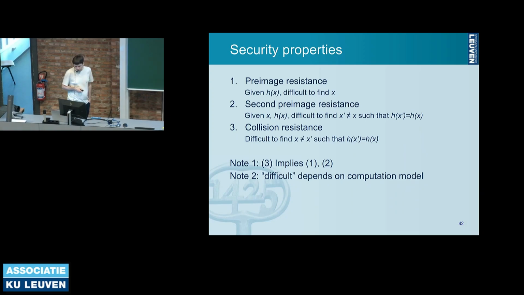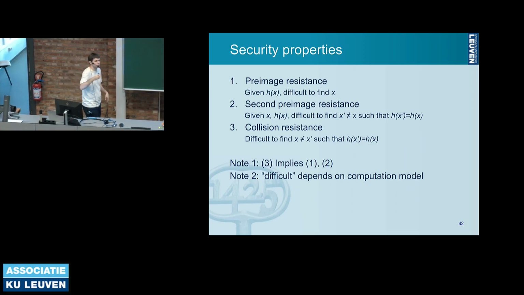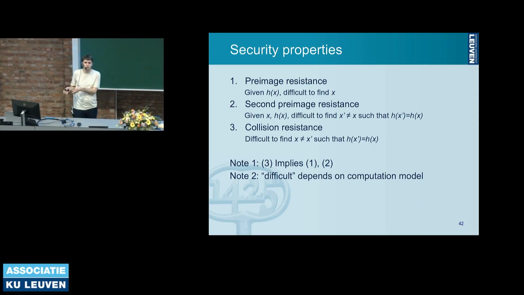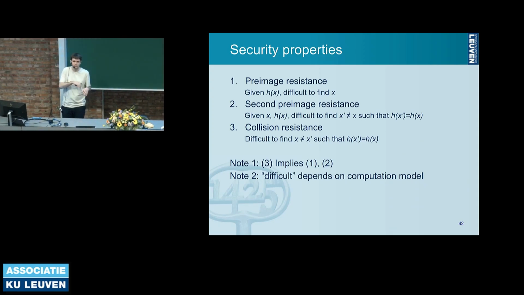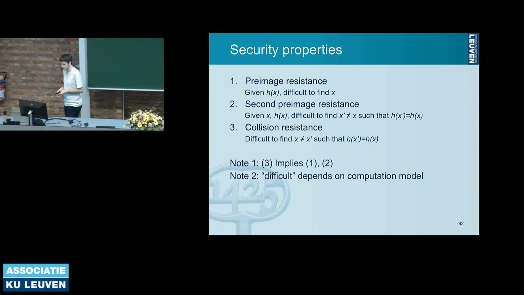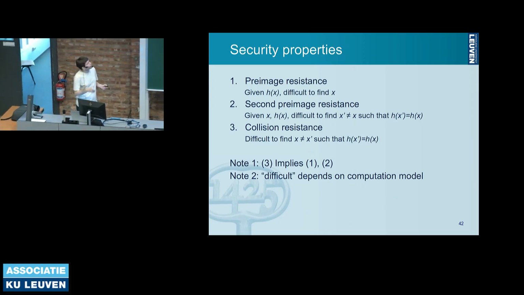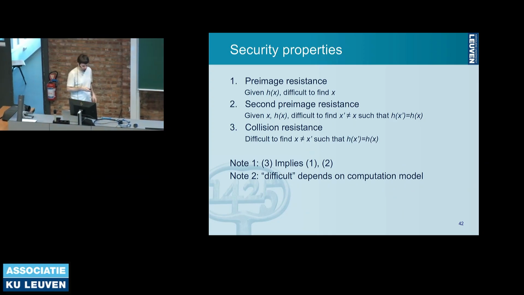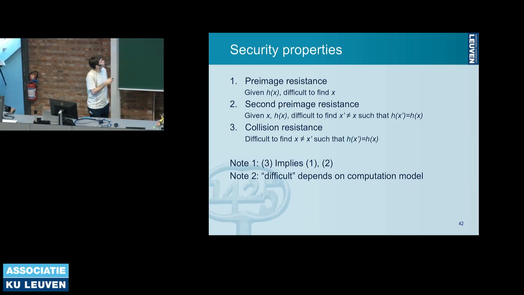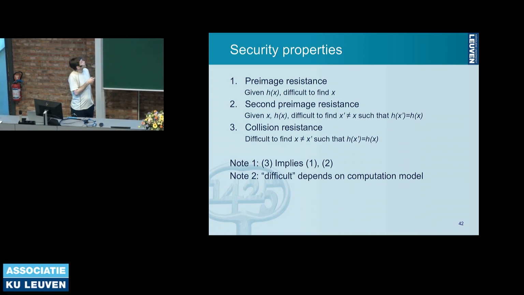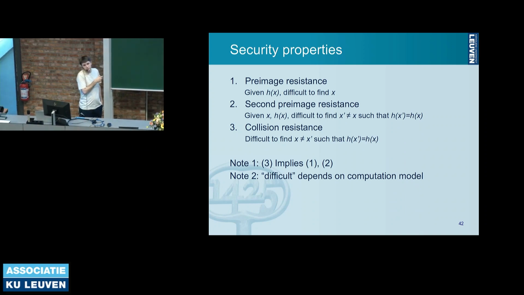So to make this a little bit more formal, we had the pre-image resistance problem, which is, if you have the digest, it should be difficult to compute an input x, so that the hash of x is equal to the digest. There is also a variant of that, which is a bit stronger. Here you are given already an input, x, and its hash.